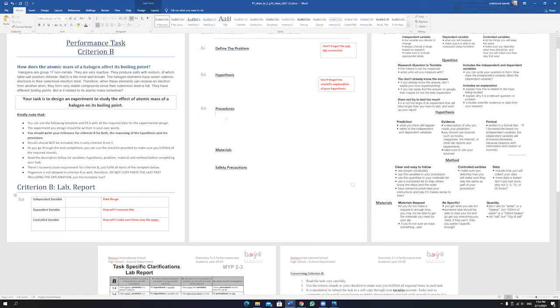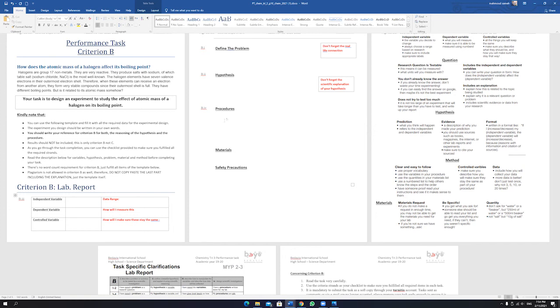For example, if you will use a tube, you will say that you get a tube, then you put the halogens, then you heat them, and you wait for the boiling point, and you measure the time. Whatever the procedure is, it should of course be much more detailed than what I said.